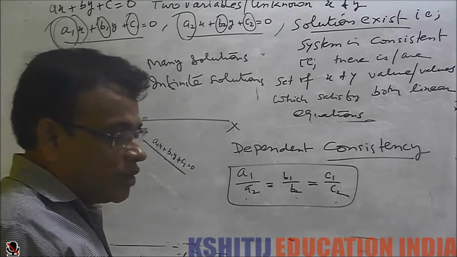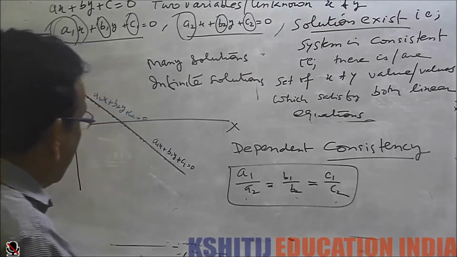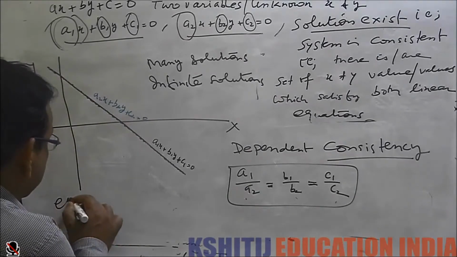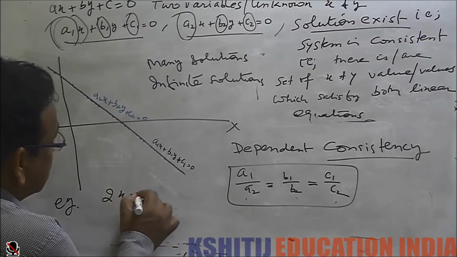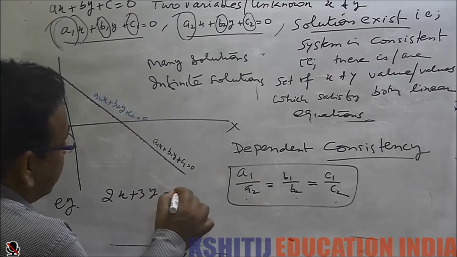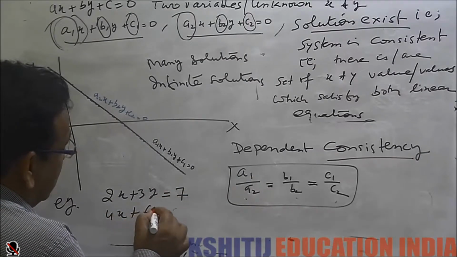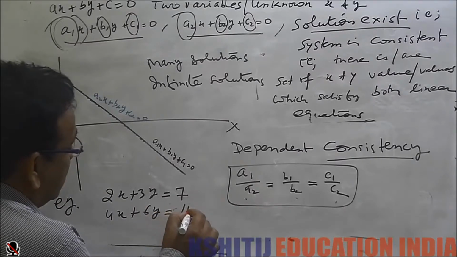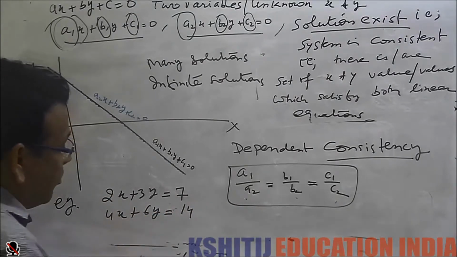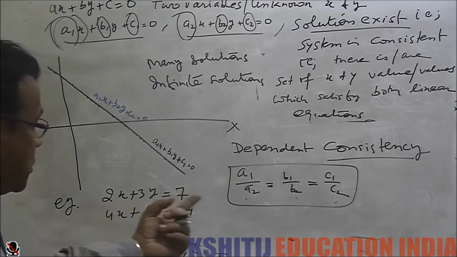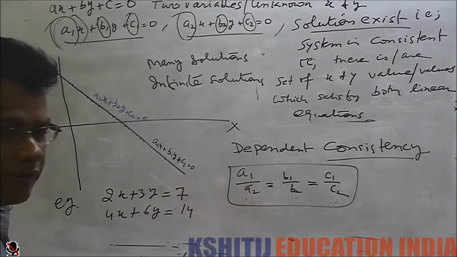So equations could be like this: 2x plus 3y is equal to, let's say, 7. Simply multiply it by 2 or 3, whatever it is, because they have to have the same ratio.